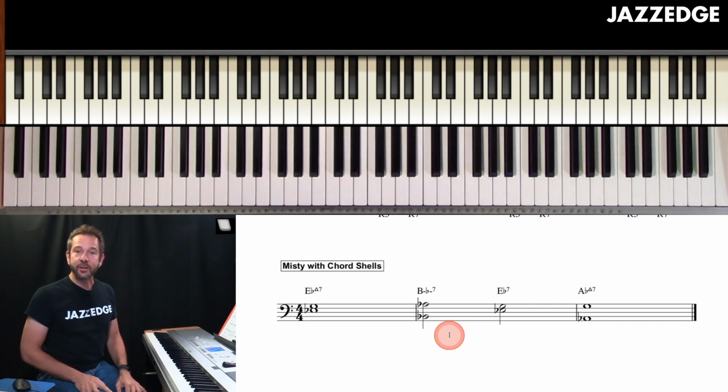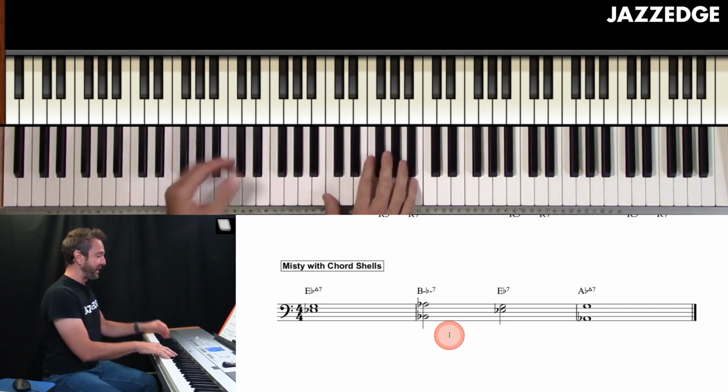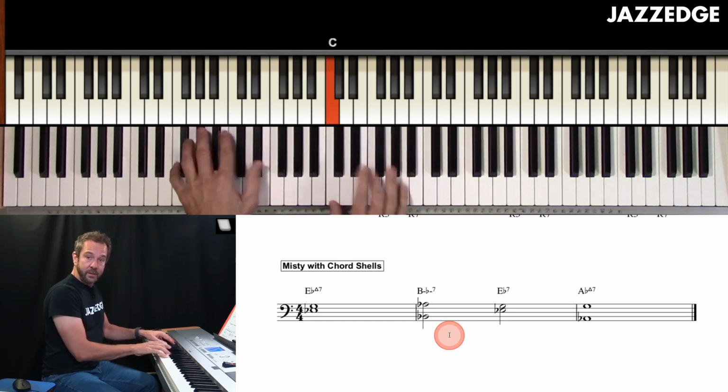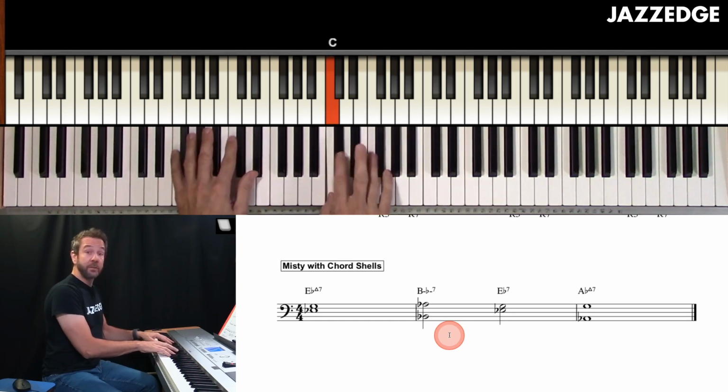You can even take the chord shells and start to make them into a bass line. So if I did something like this, I can make that into a bass line.